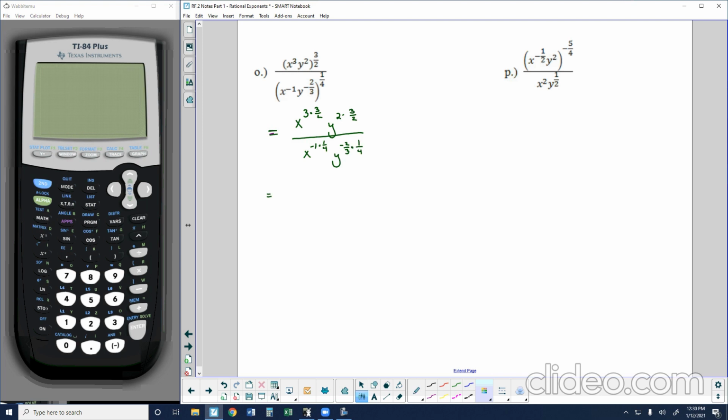And as we simplify this, I get x to the 9 halves in the numerator times y to the 3rd power. In the denominator, I get x to the negative 1/4, y to the negative 2 over 12, which would be negative 1/6 power.